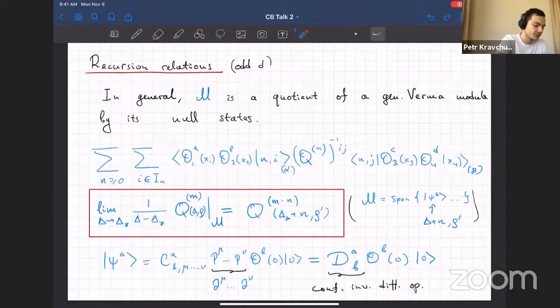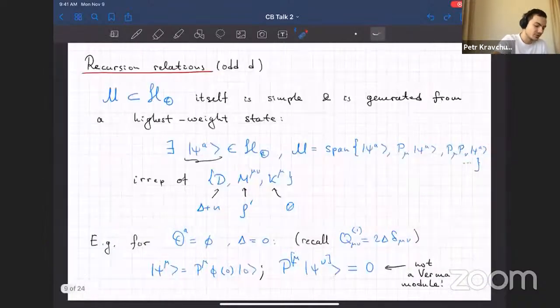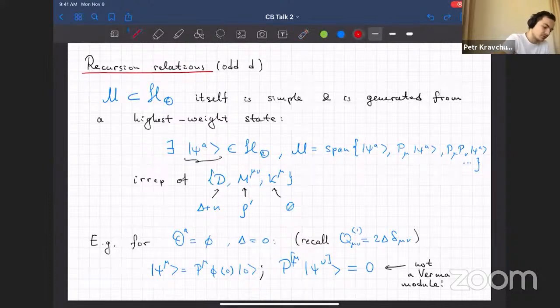So the correct statement is generically this M is a quotient of a generalized Fermat module by its null states. So if you look at psi M here, you get a vector set of states because they have label mu. We set delta equals 0 and psi mu live at level 1, so delta equals 1. So you get that psi mu is a vector of delta equals 1.